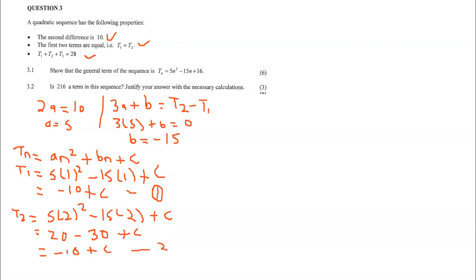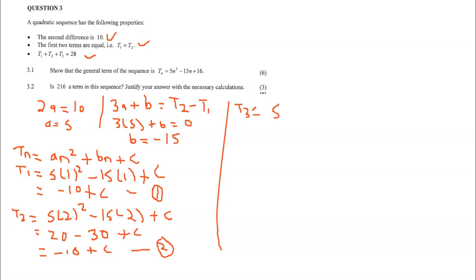So let's go and find T3 as well, number 3, because they say that T1 and T2 and T3. So again, T3 also will be the same approach. Wherever we see n, we're going to put 3 now.